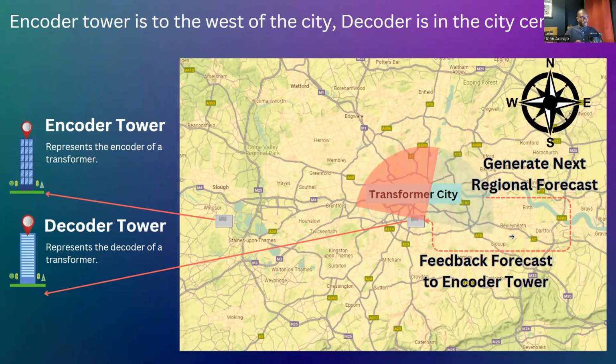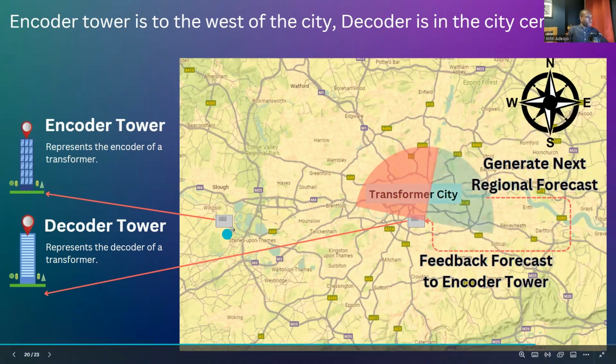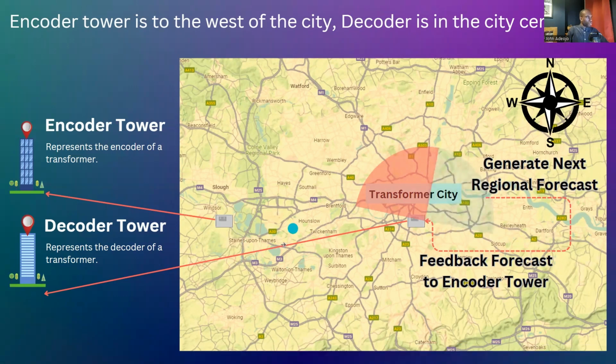Let's just put that together. The encoder tower is collecting some data about what's happening in this westerly region of the city, because we know that in that westerly region, the weather is going to impact the eastern region at some point later on, because the weather moves from west to east. So essentially we're capturing a broader aspect of the weather, some broader context.